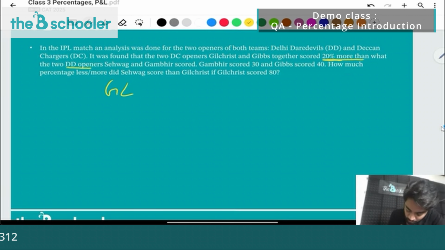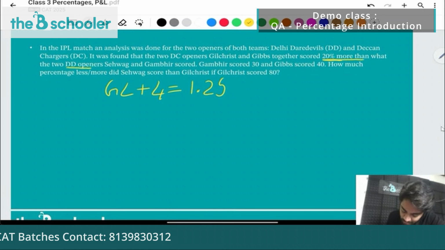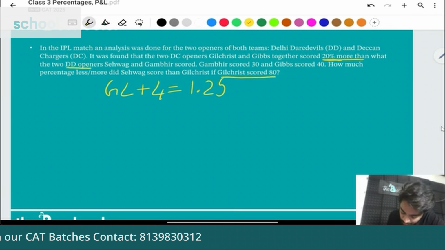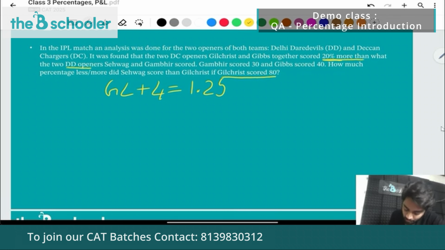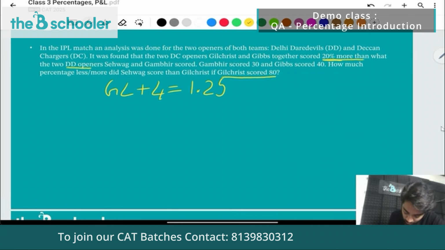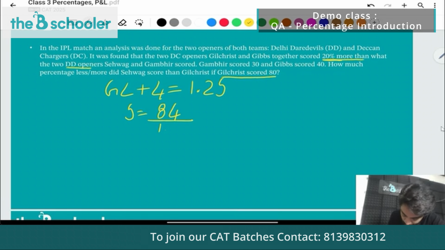GL, that is Gilchrist score plus 4 is equal to 1.2 times Sehwag score. Clear? But if you look at this in the question itself, they have given Gilchrist score to be 80. That means you can write as 80 plus 4 is equal to 1.2 times Sehwag score, which means Sehwag score is 80 plus 4, which is 84 divided by 1.2.